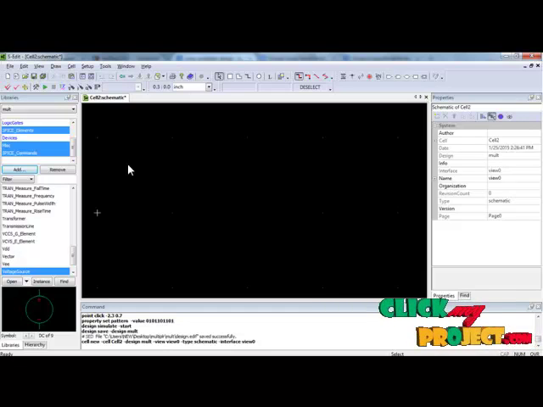Hence, commonly for our CMOS based designs, we will use mostly these three tools. That is, again I will say SEdit, LEdit, WEdit and T-Spice.